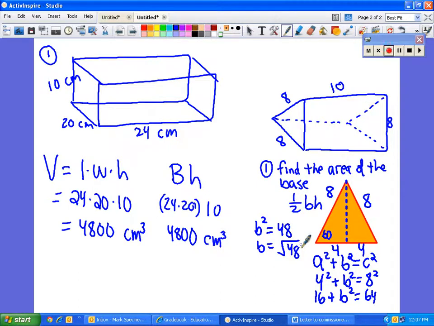Okay, that's one way to do it. What's another way to do it that I think is easier? What kind of triangle are each of these little triangles? They are right triangles, but they're what? They are 30, 60, 90 right triangles.